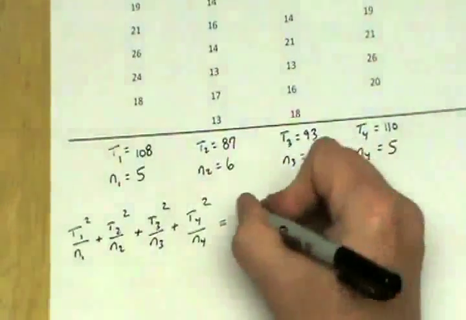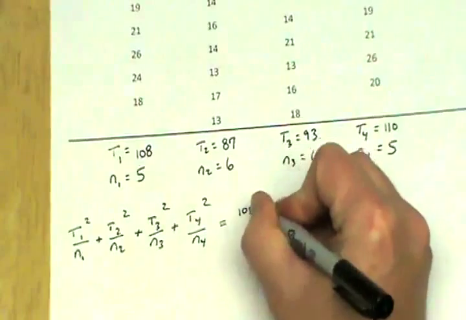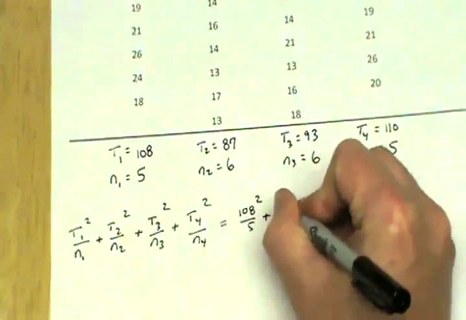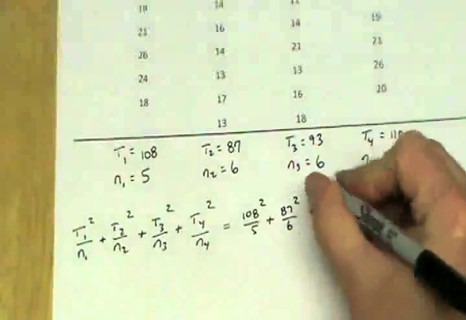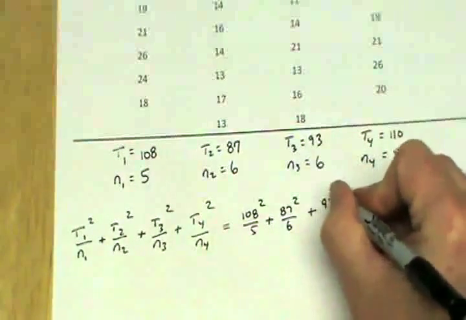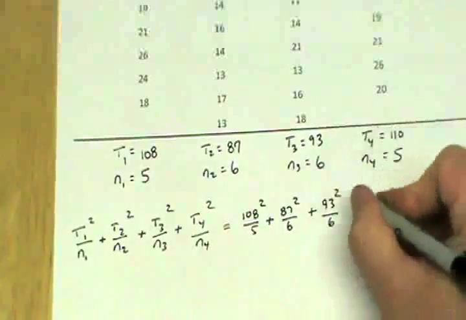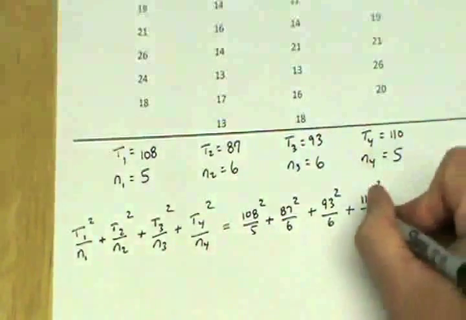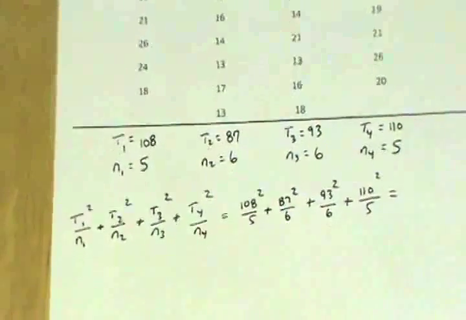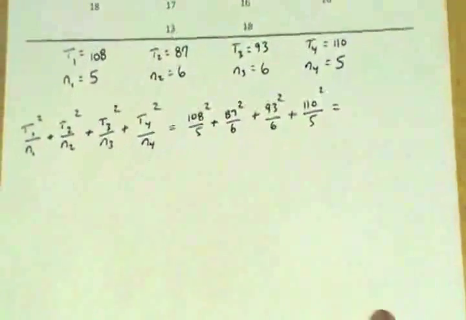Okay, so here we go. We're going to take 108 squared over 5 plus 87 squared over 6, the total of the second column. The total of the third column is 93 squared over the number in that column, which is 6. And then the total of the fourth column is 110. We're going to square that and divide by the number in that column, which is 5.